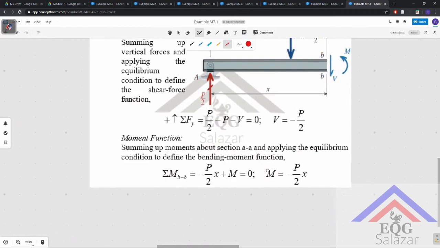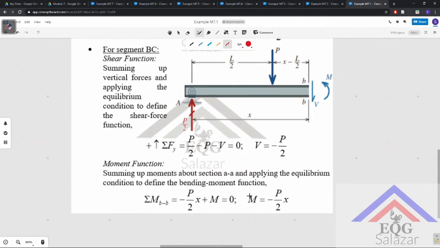Actually, I think this is lacking. Let's do this manually. So we have P over 2, all right? So this is negative times x, because this creates a clockwise moment, contrary to the counterclockwise moment where we take it as a positive.